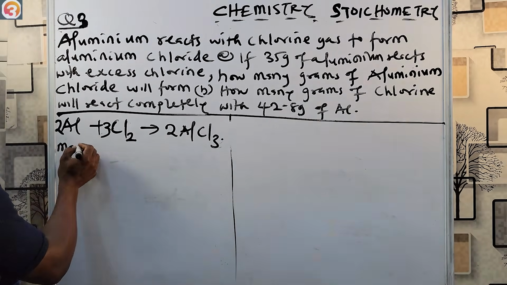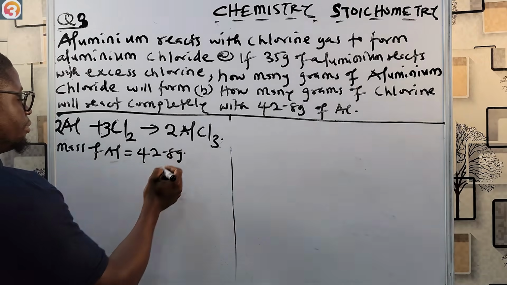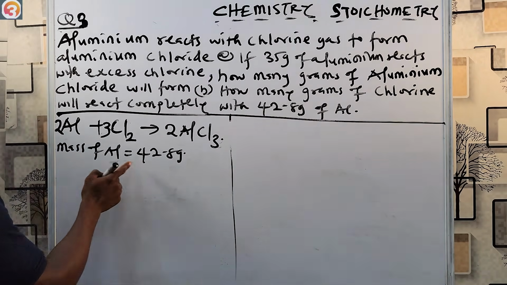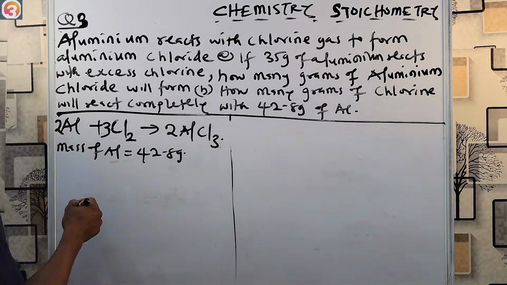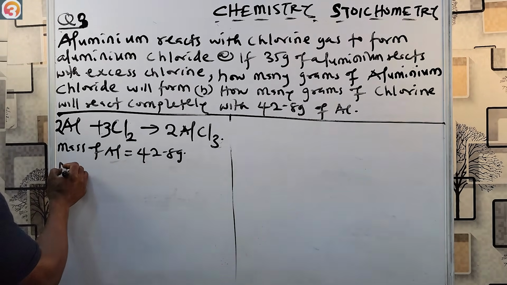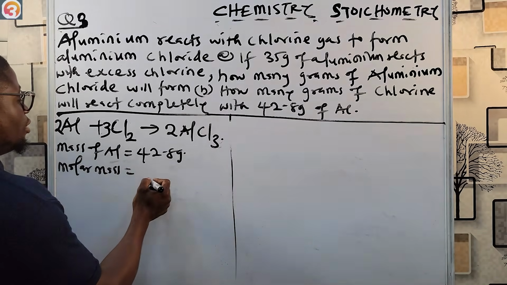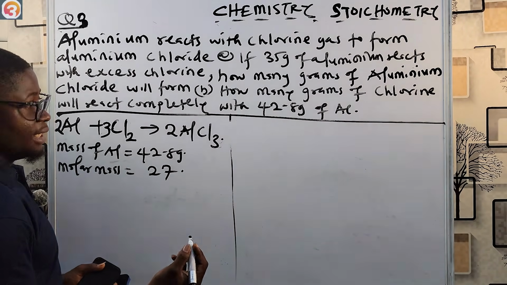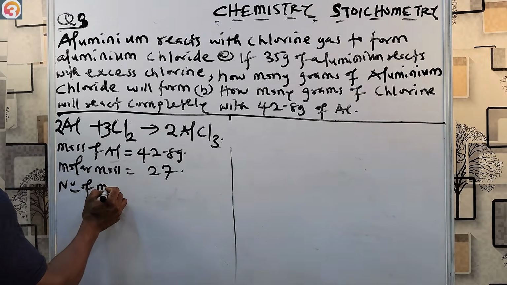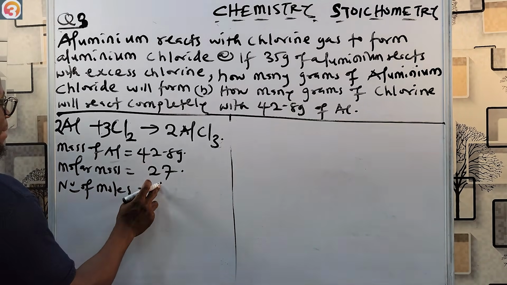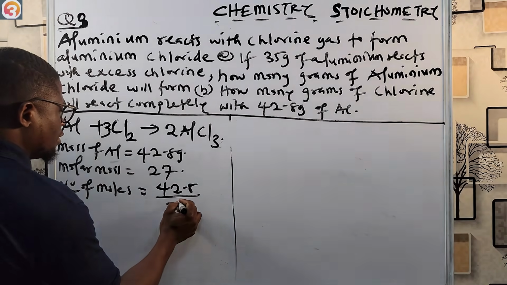So the mass of Al is 42.8 grams. We need to look for the number of moles of aluminium that actually reacts. The molar mass of aluminium is 27, we know that already. So the number of moles will be mass over molar mass, 42.8 over 27.